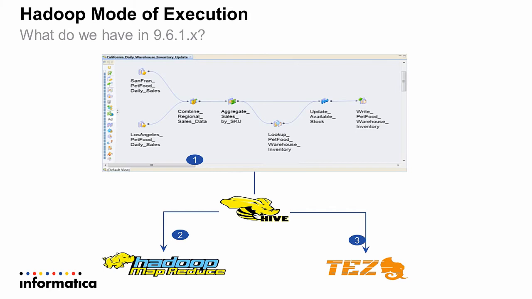When 9.6.0 and 9.6.1 were first released, what Informatica allowed you to do was process data using the MapReduce framework. The way we did that is we take a mapping that you design using the Developer tool, and you would execute that on a Hadoop cluster. And that Hadoop cluster could be of any size: a 10 node, 100 node, 500 node, 1000 node cluster.